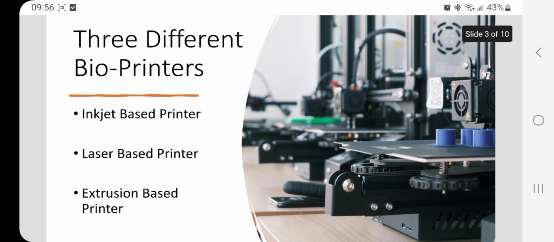Extrusion-based bioprinting is best for creating thicker, more complex tissue. Each bioprinter has different strengths and weaknesses. The goal determines what printer is used, but the extrusion-based bioprinter is used the most out of all three of these types.